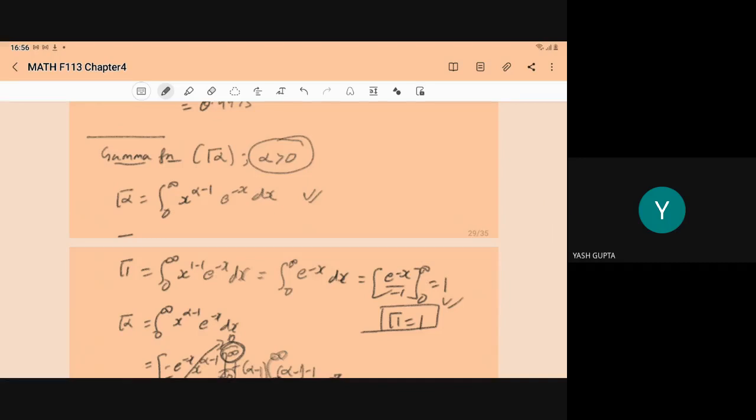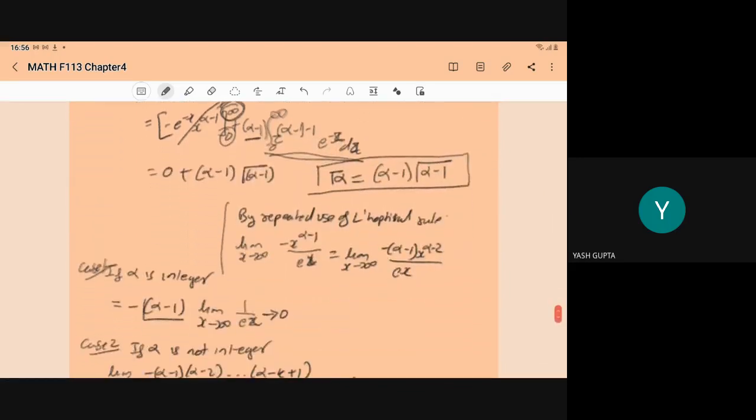So here it will not be valid, because it will become 1 minus 1, that is gamma of 0. Actually it is not defined, it is infinity. In Math 3, in the next semester, you will study the gamma function again in detail, and there you can understand this.